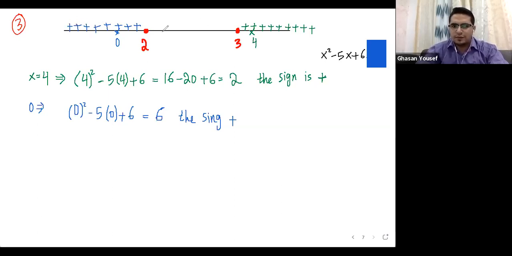Now, pick any number between 2 and 3. 2.5, this is correct. I'm going to take 2.5. But because we don't have a calculator in the exam, what is 2.5 as a fraction?